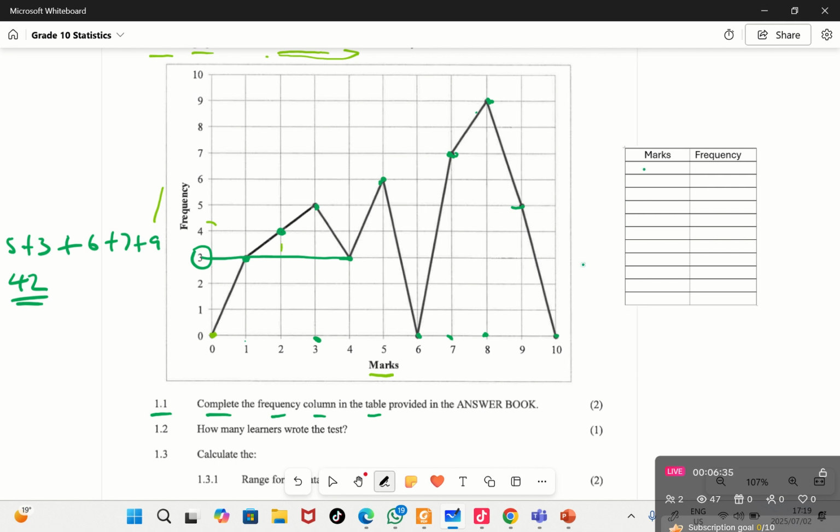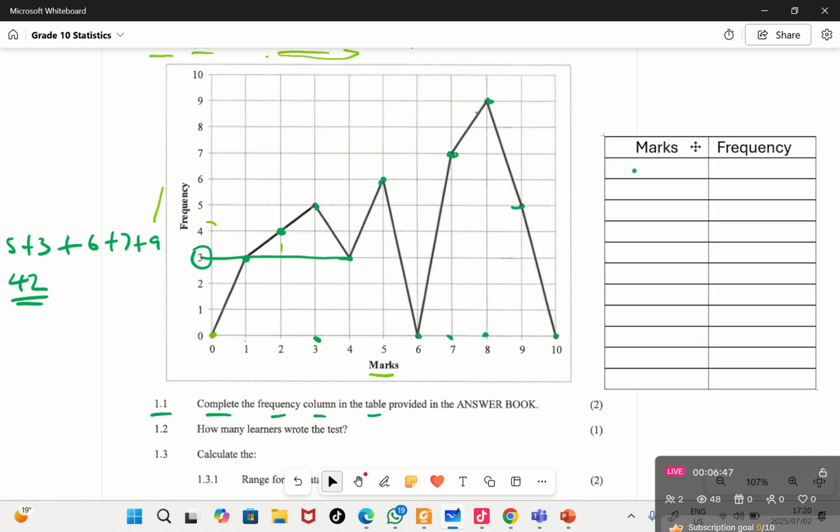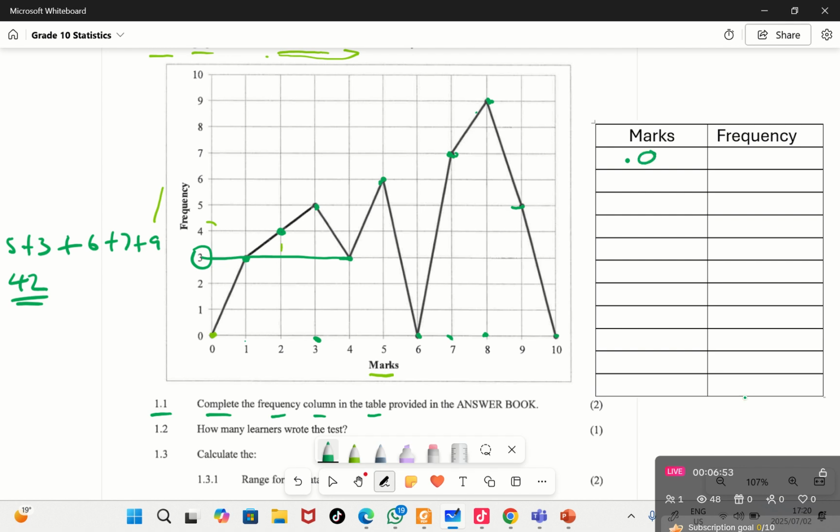So the test was out of 10. Someone could get 0, 1 out of 10, 2 out of 10, 3 out of 10. So I said a learner could get 0 marks, could get 1 out of 10, get 2 out of 10, 3 out of 10, 4 out of 10, 5, 6, 7, 8, 9, 10 out of 10.